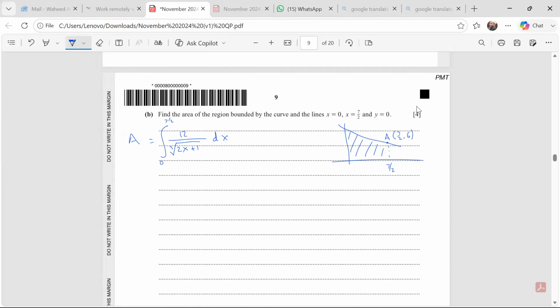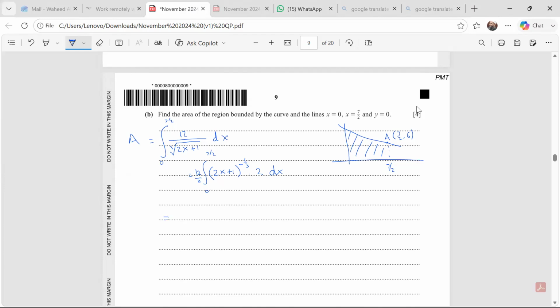So let's try to integrate this function. This is going to be 12 outside, and I can write the rest as (2x plus 1) to the power minus 1/3. The derivative of the inside is 2, so I put 2 here and 2 here, with dx from 0 to 7/2. I hope you follow all of my steps.